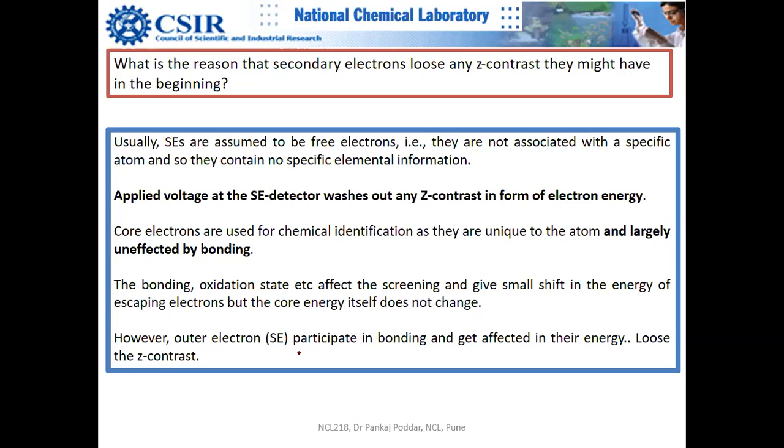First of all, there is no Z contrast in secondary electrons. Even if there is any, it is all washed out because secondary electrons come from the valence band and conduction band, which have very little information about what type of atom they belong to, because there are a lot of issues with the type of bonding and other environmental effects on the atom.